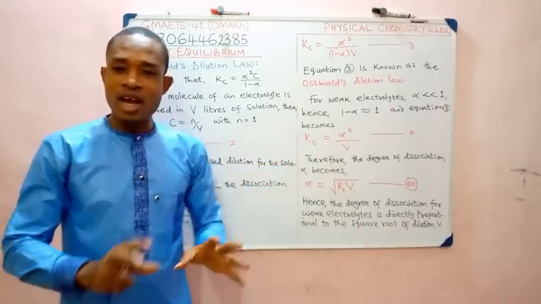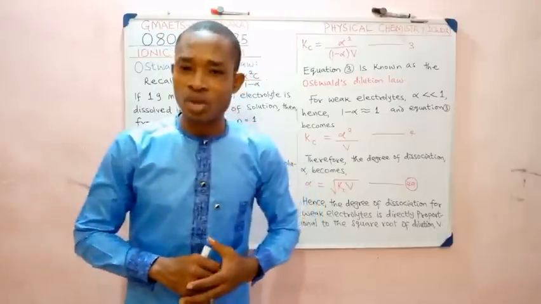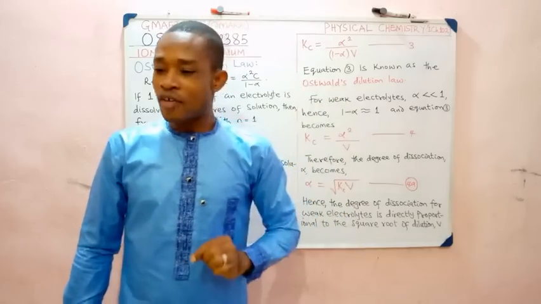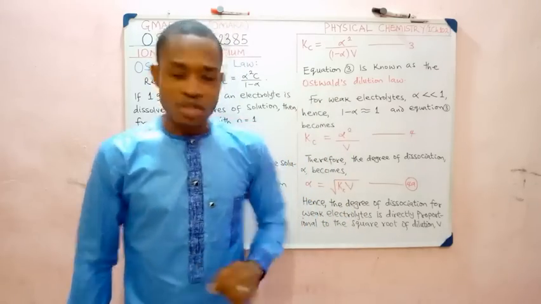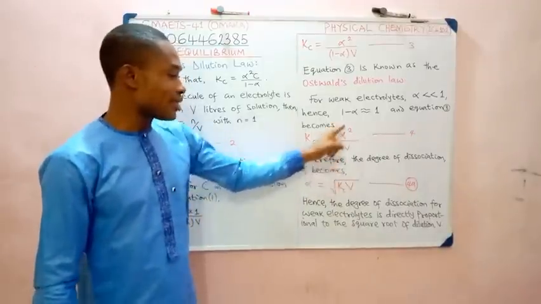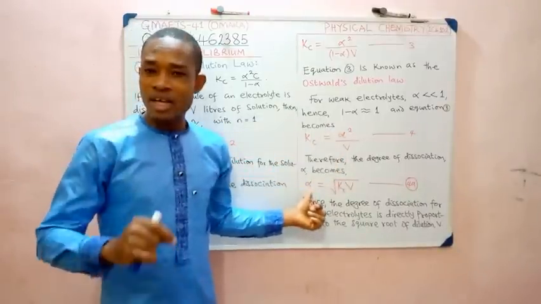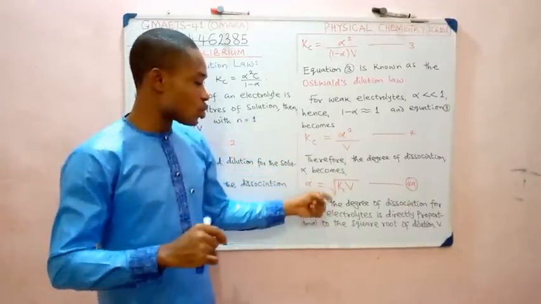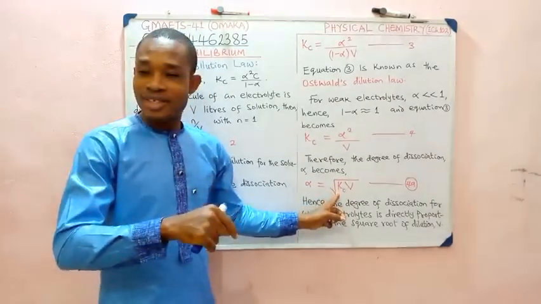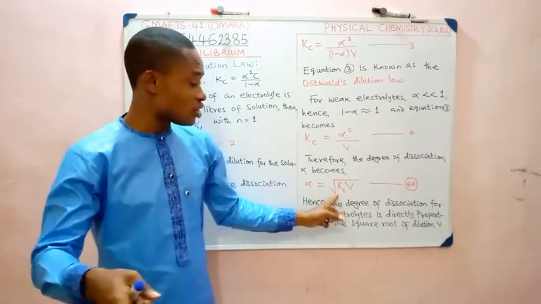And you now see that from equation 4, we can calculate the degree of dissociation alpha for a given weak electrolyte. And as you see on the board, from this equation, if you cross multiply and take square roots of both sides, then our degree of dissociation will be the square root of the dissociation constant times what?